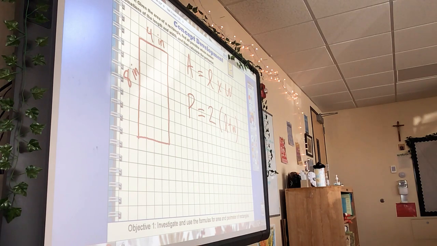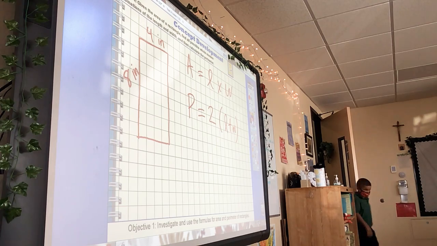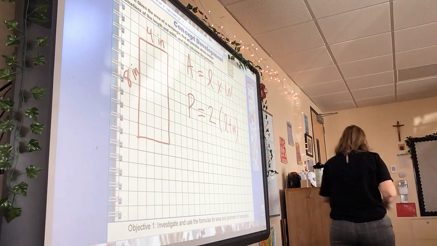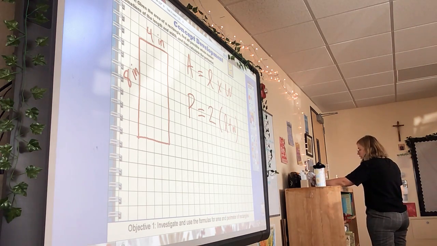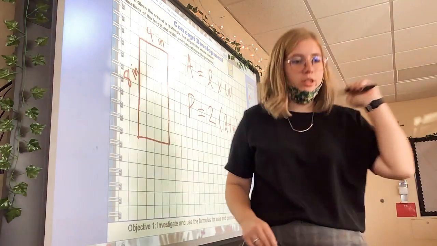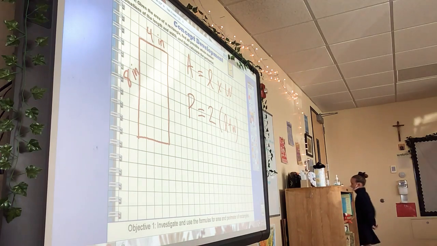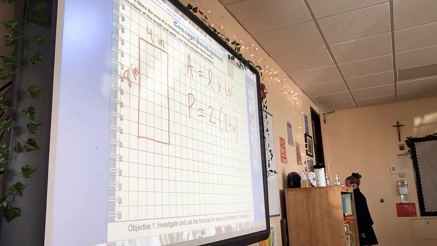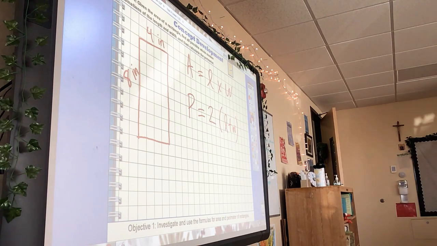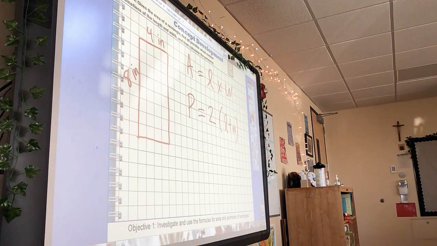Go. So you have about 3 minutes to solve both of those. You're solving area and perimeter using those formulas. Remember to fill in the formula with the numbers that we're working with. Okay?